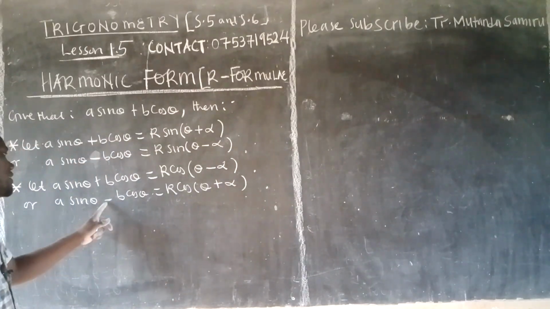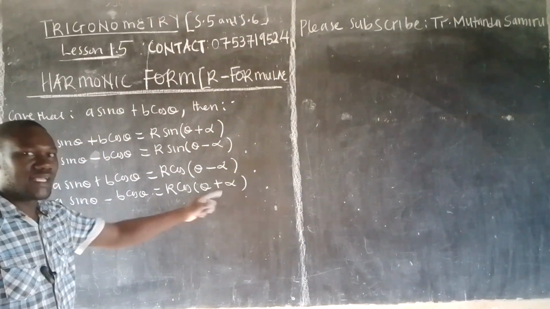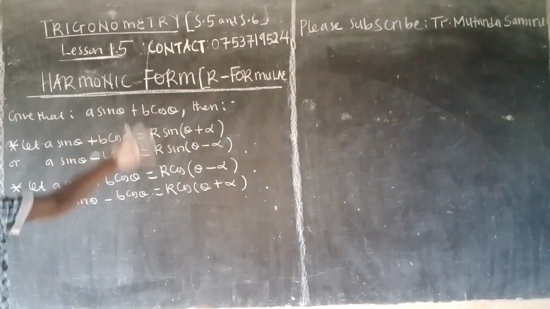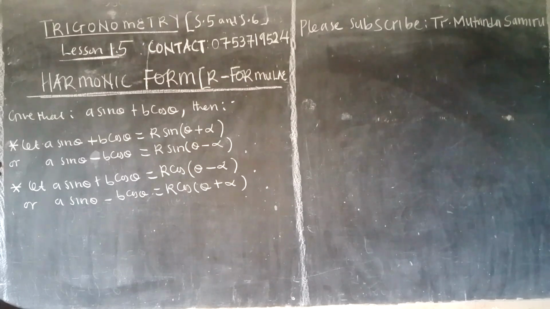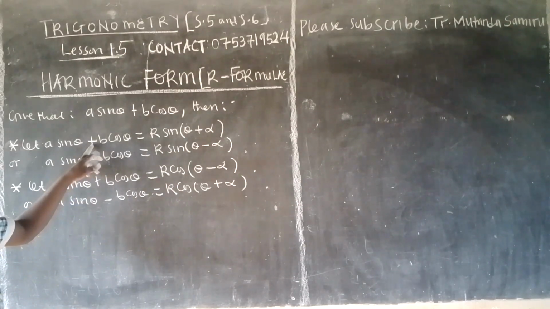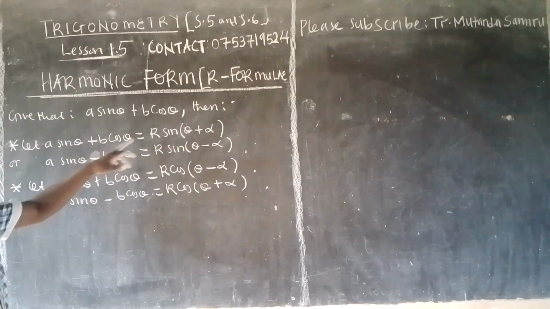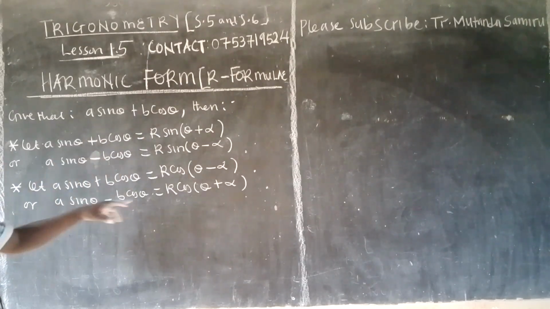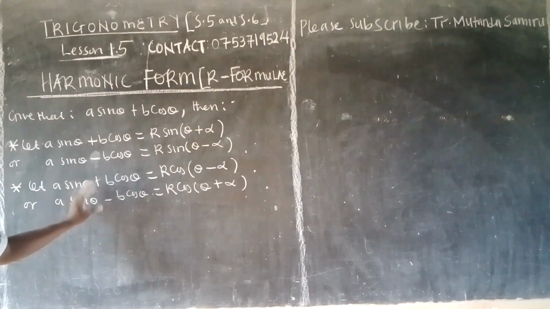For cos, when you have a minus, you put plus. And please, one would ask, which one do we let? You can let any you want, depending on the question at hand, but paying attention to which sign you have. If you have plus and you want to use sine, then you maintain the plus. For sine, you maintain the sign. For cos, you oppose the signs. And that's what we really mean.